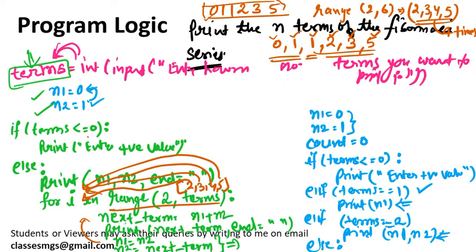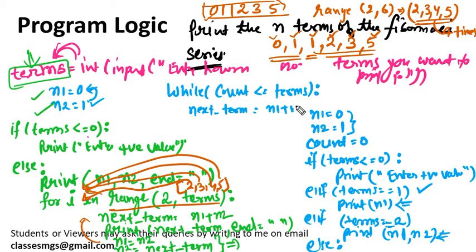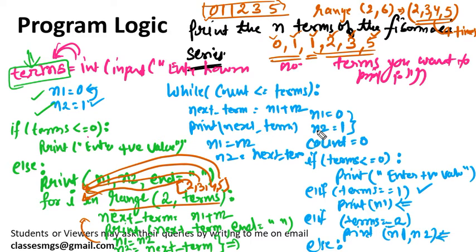You can see here, while count is less than or equal to terms, up to terms we will do the same thing: next term equals n1 plus n2, then you keep on printing the next term, and n1 equals n2 and n2 equals next term. Same logic we are going to use. So this is the while loop.